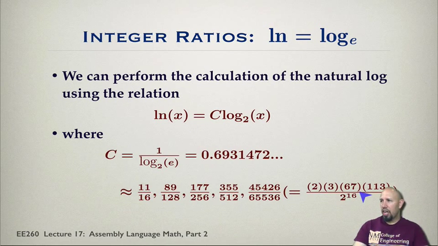I now multiply it by a constant, and incidentally, this particular constant can be broken up into these little parts for simpler calculations. So we have this way of dealing with integer ratios. The natural log can all be done using the log base 2 and then multiplying by this constant.